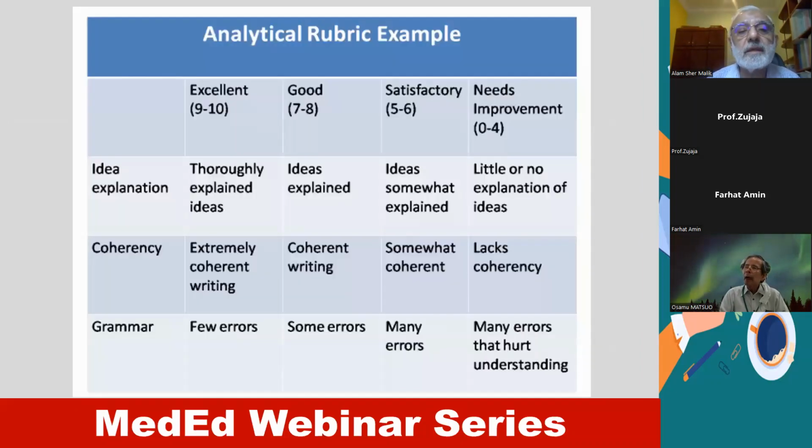And this is an analytic rubric example, which is more appropriate for restricted response essay questions. The rubrics are really so important in marking these essay type of questions objectively that it cannot be overemphasized.